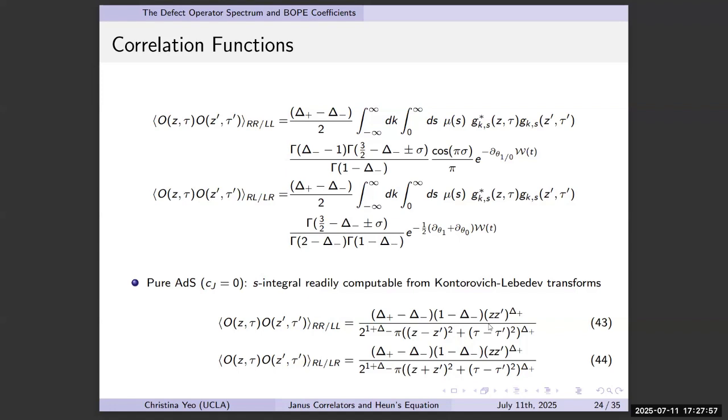I guess you could write it in global coordinates, but I think writing it in Poincaré coordinates would be easier, because that's the slicing choice that we made. We took the AdS2 slicing, starting from the Poincaré coordinates.